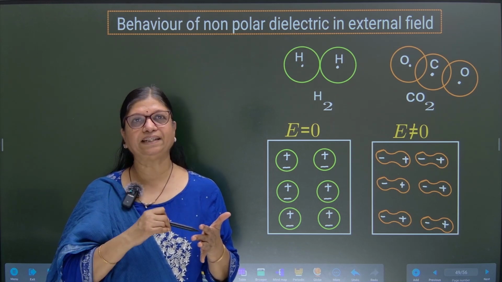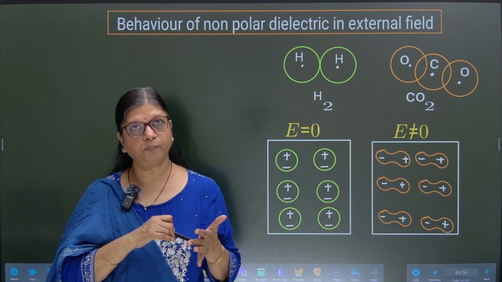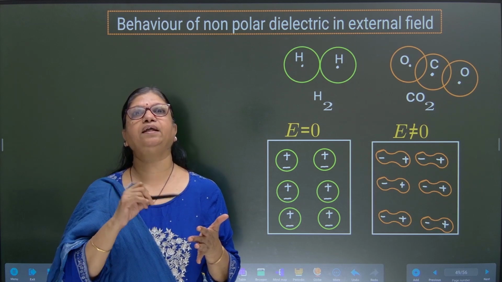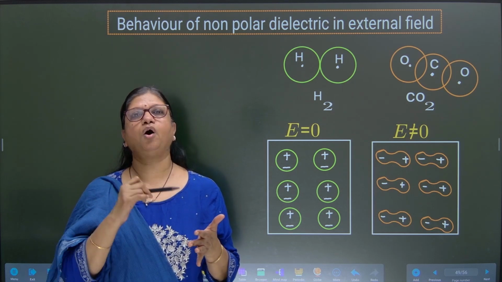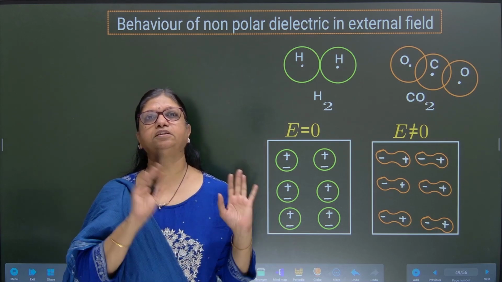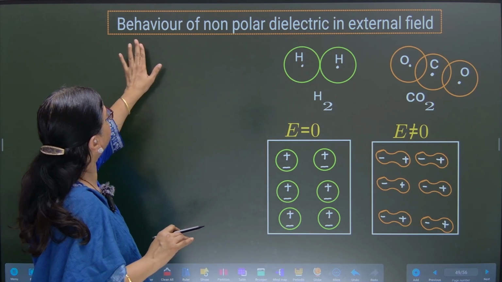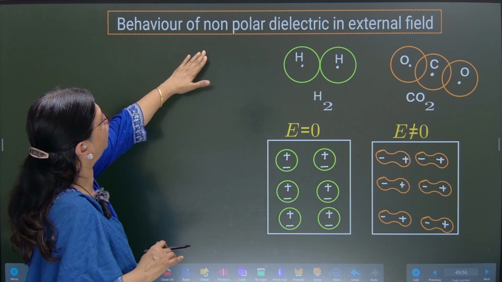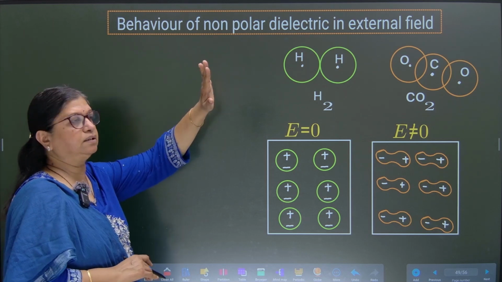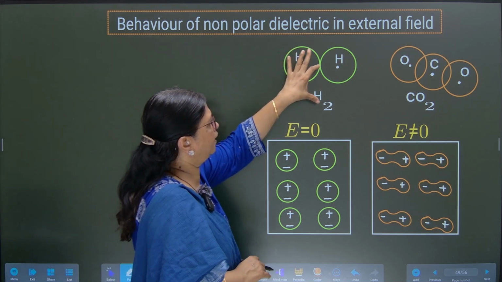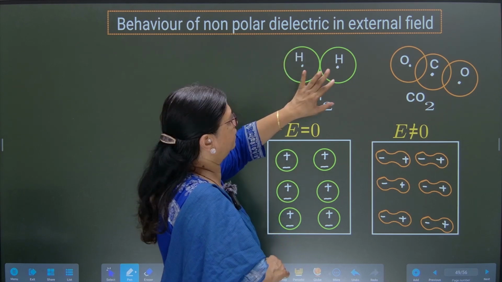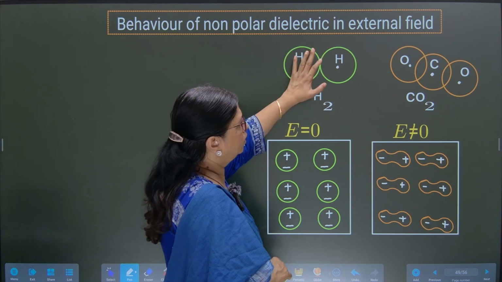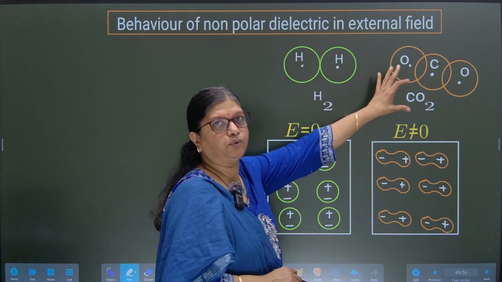How that is possible with non-polar dielectric and polar dielectric is what we understand in this page. So we are talking about the behavior of non-polar dielectric in an external field. Here I have drawn two examples of non-polar dielectric: one is H2 and another is CO2 molecule.